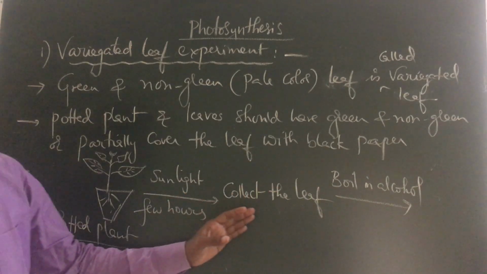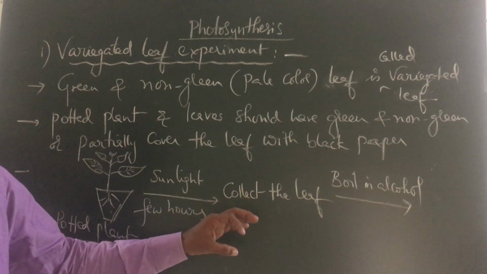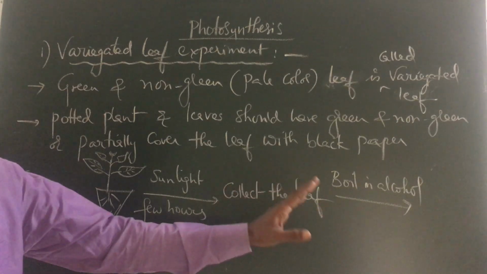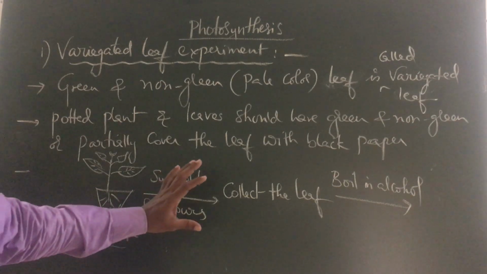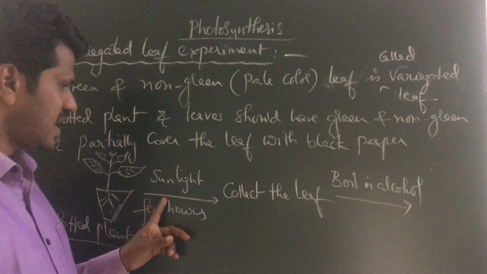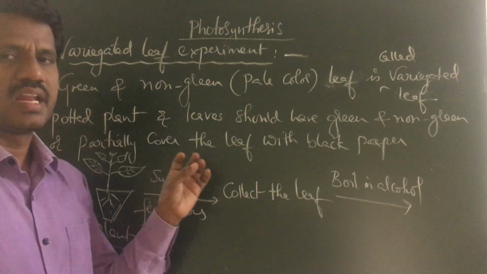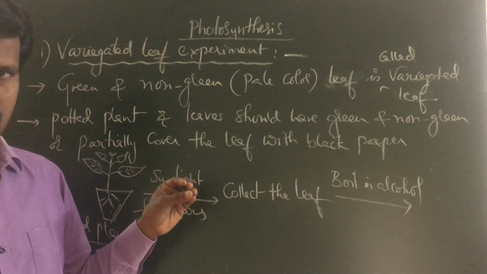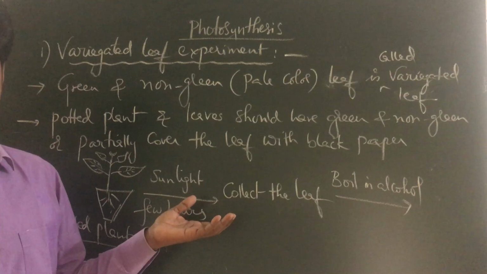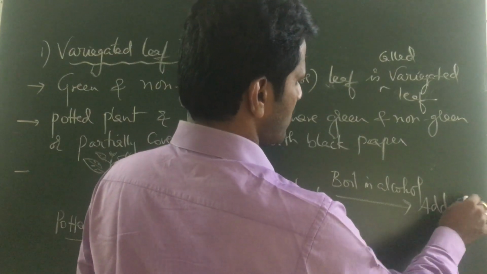If any cuticle is present, the alcohol will soften it, and then the cell wall allows the iodine you are washing the leaf with to penetrate and react with the starch, because during sunlight starch is produced in the leaf. Remember all of you, during photosynthesis the green color part of the leaf will synthesize the starch. The starch test is nothing but the iodine test: you boil with alcohol and add the iodine.